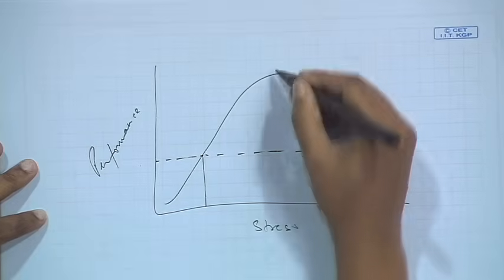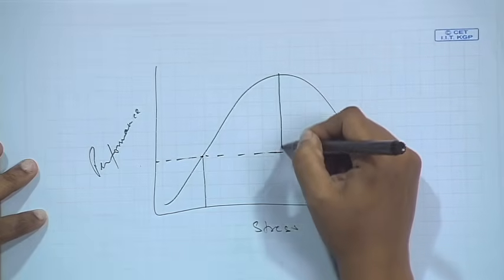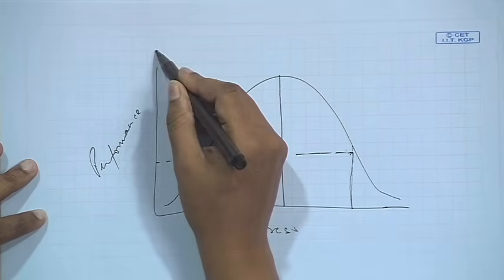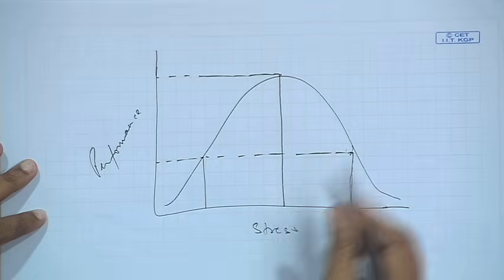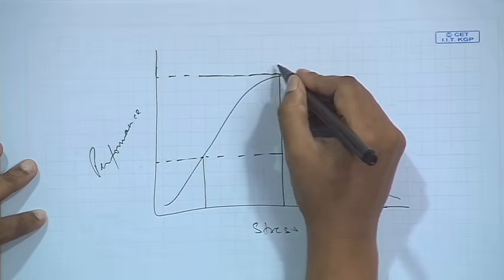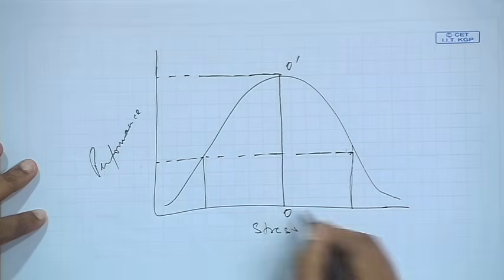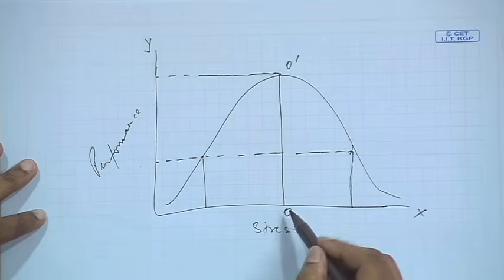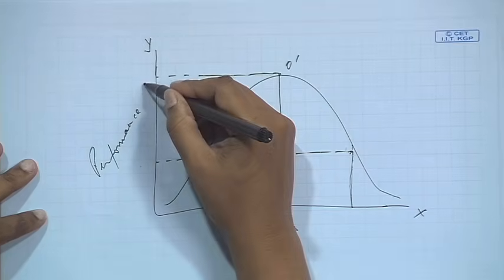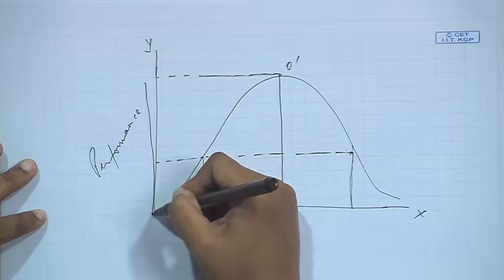So how do we know where our optimum stress lies? And Sally already spoke about it, but this is where we need to maintain our stress level. So if we have a stress level between O and O dash, then our performance is at its optimum.